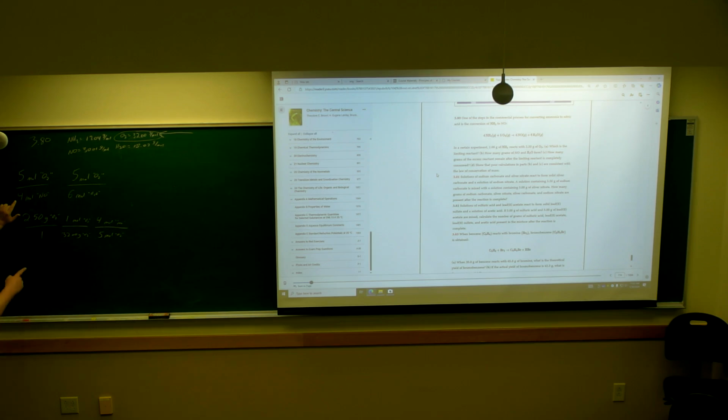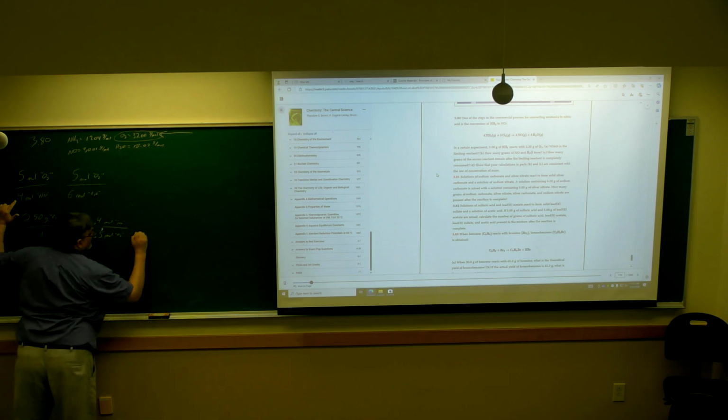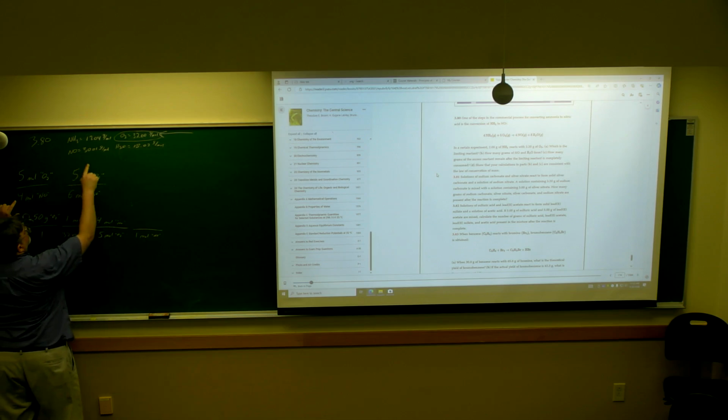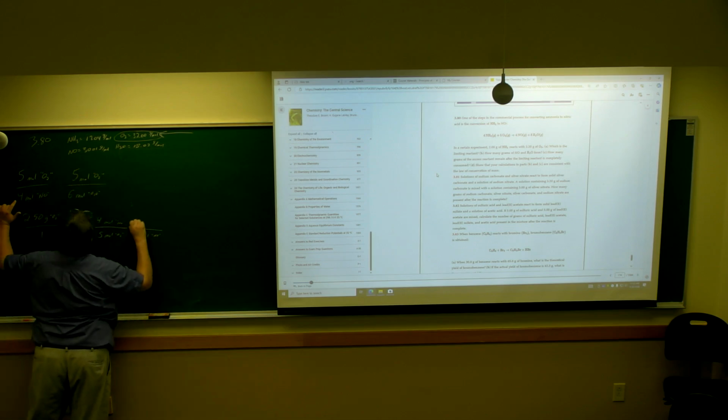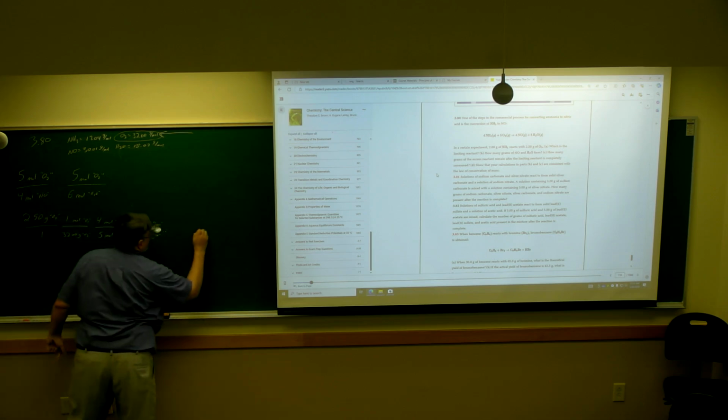But it's asking for grams of NO. This will give me moles of NO, but this wants grams, so I've got to go one more step. I need the grams per mole for NO. I want moles on bottom, so 1 mole of NO to 30.01 grams of NO. And that'll tell me how many grams.